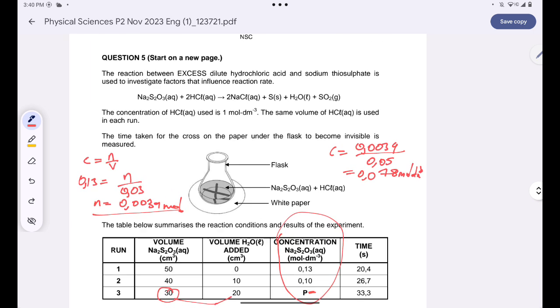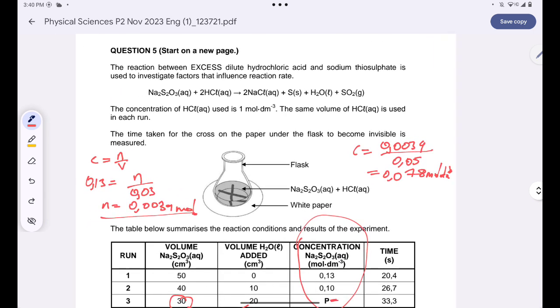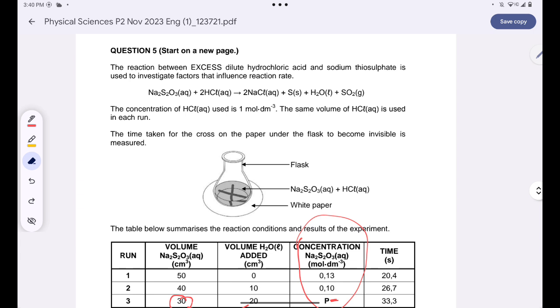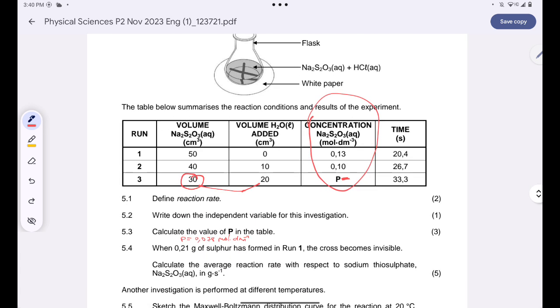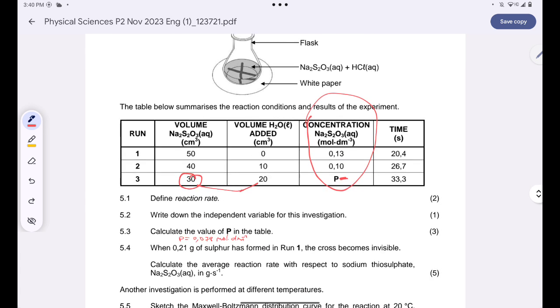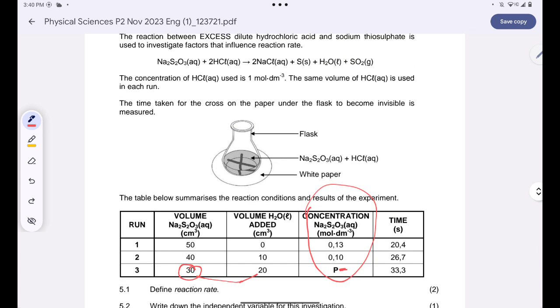So basically, the first thing we need to do is to find the number of moles of sulfur which was formed. How can we do that? We are given the mass, 0.21 grams.